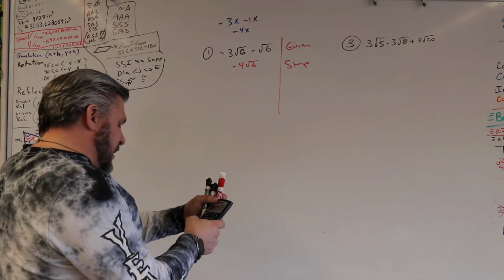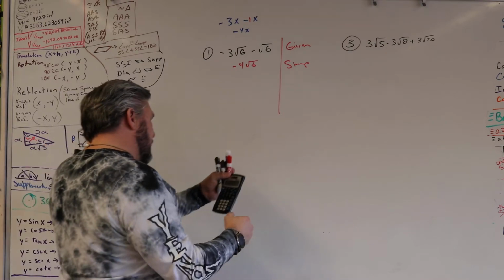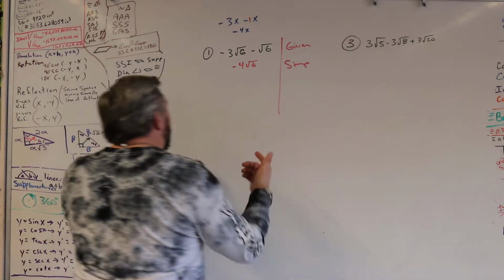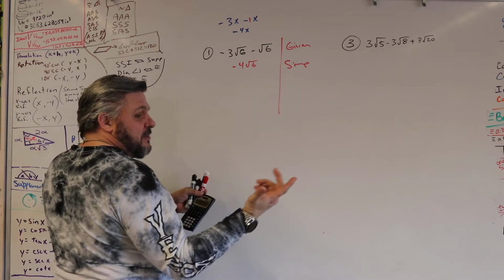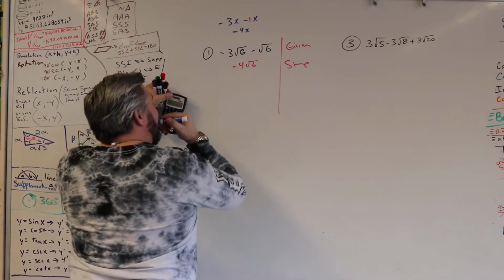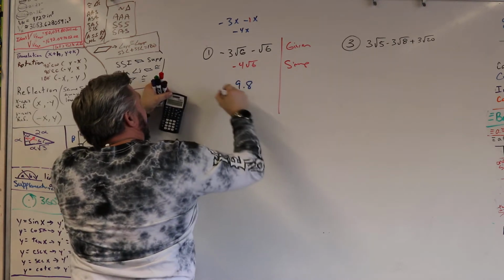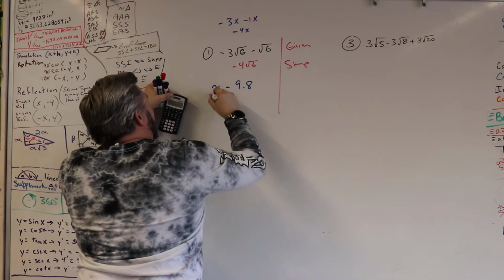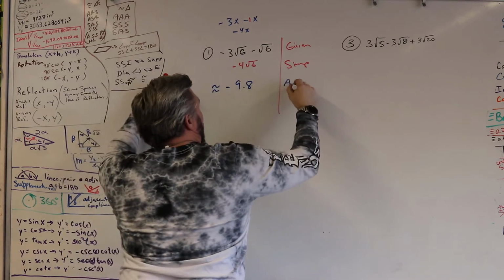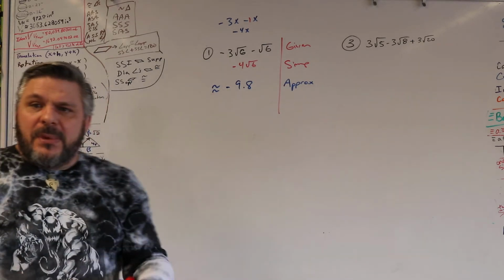4 times the square root of 6 is 9.79. So we're going to round that off to the tenth. So that'd be 9.8. So it'd be negative 9.8. So approximately, this is your approximate.